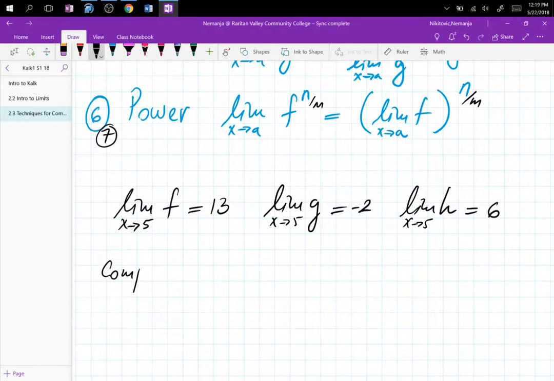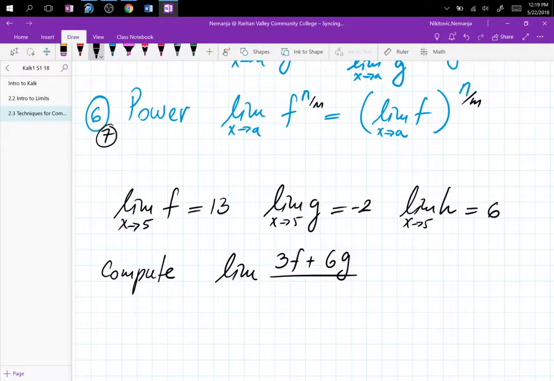Compute the limit of 3f plus 6g divided by h squared, as x goes to 5, obviously.